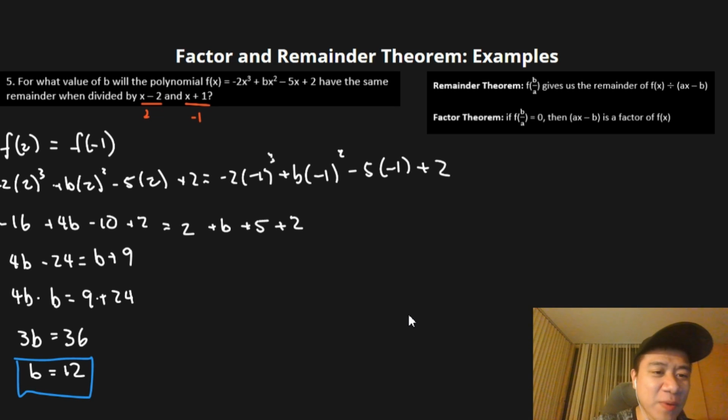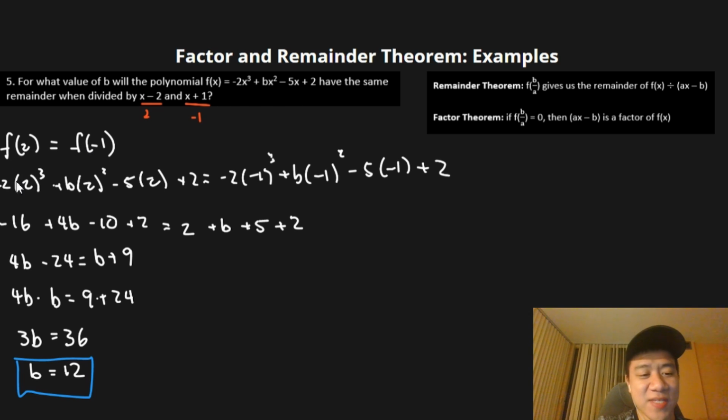So just to reiterate what we did here: we know that if we divide this by x minus 2, the remainder is the same as if you divided the function by x plus 1. That means that f at 2, which gives us the remainder of f of x divided by x minus 2, should be the same value as f at negative 1, since this also gives us the remainder when divided by x plus 1. So we knew that these two values would be the same.